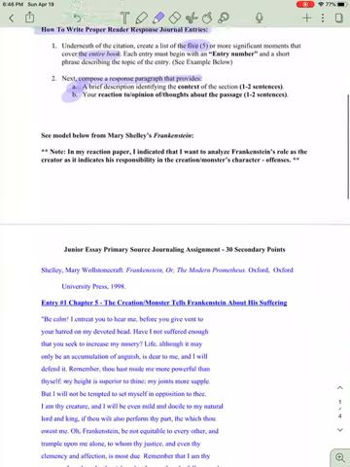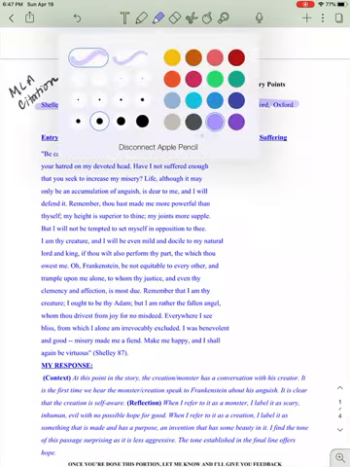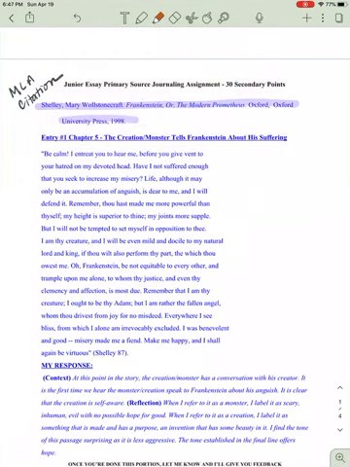So, below we have an example from Mary Shelley's Frankenstein. You'll see up here, I have the MLA citation. So first I need a description of the quote, right? I have the entry number, right?